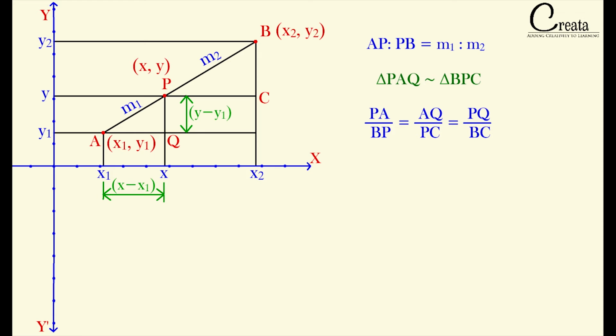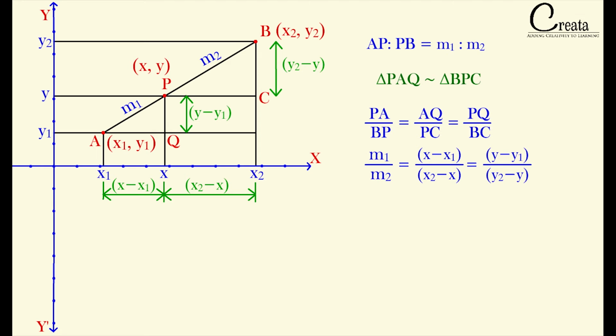If we move to the triangle PBC, in this triangle, we can also calculate the side PC and BC. PC will be equal to x2 minus x and BC will be equal to y2 minus y. Okay, the simple mathematics we have applied. We got the sides of this triangle. So let's come back to our equation. Let's put the value.